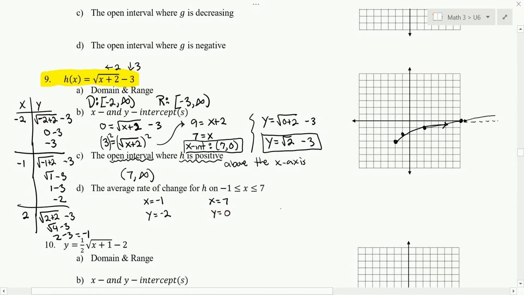And so using the slope formula, because average rate means the slope, we're going to get the slope, or the average rate, is y minus y. So I'm going to go 0 minus a negative 2, double negative, over 7 minus a negative 1, double negative again. So that's positive 2 over 8, which reduces to 1/4.